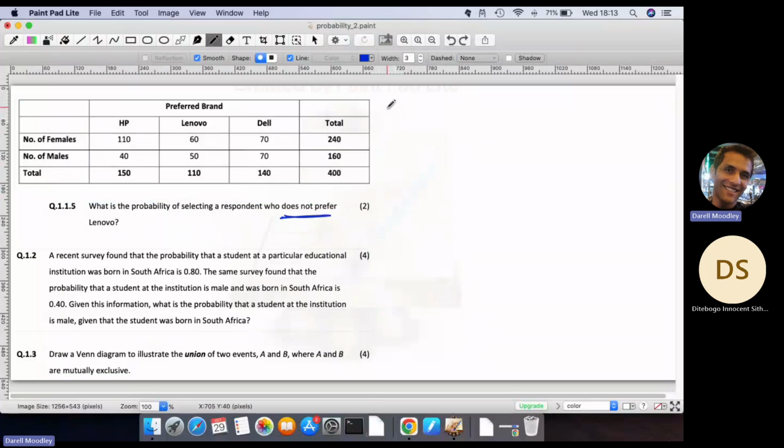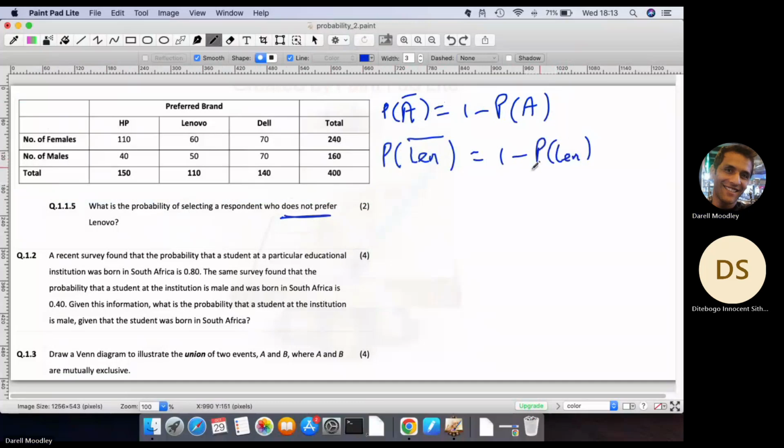So remember, if you want the probability of not A, or the opposite of A, that is 1 minus the probability of A. So instead of A in our case, we are dealing with Lenovo. So we want the probability of not using Lenovo, which is 1 minus the probability of using Lenovo.